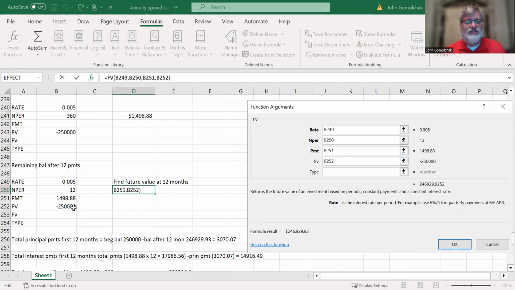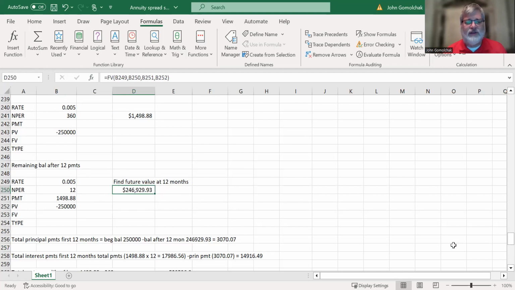The present value is the negative $250,000. Hey, Excel, calculate this for me. The ending balance, the principal balance, is $246,929.93. If we had an amortization schedule, that's what it would tell us. So that's the way it is.